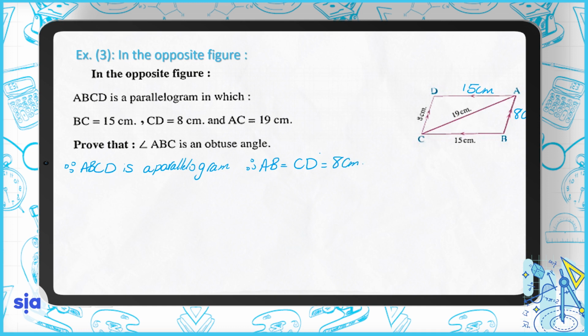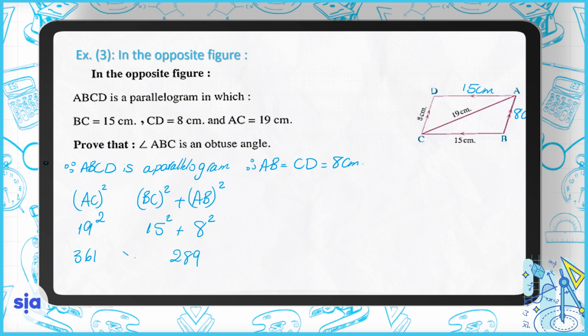So if we want to check triangle ABC, the longest side is 19. So we're going to make AC squared on one side, and on the other side BC squared plus AB squared. So AC squared is 19 squared, and here it's BC squared, which is 15 squared, plus AB squared, which is 8 squared. 19 squared is 361, where 15 squared plus 8 squared is 289.